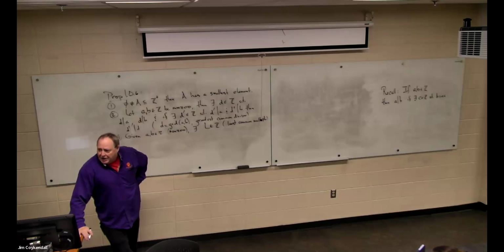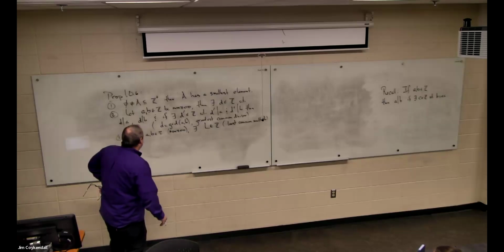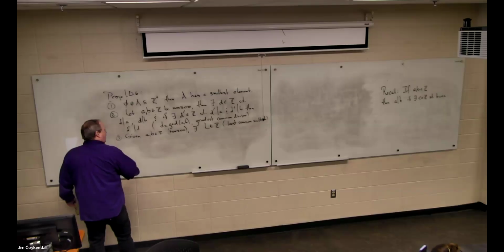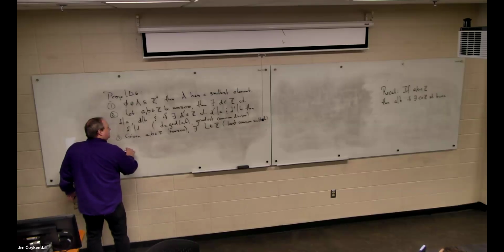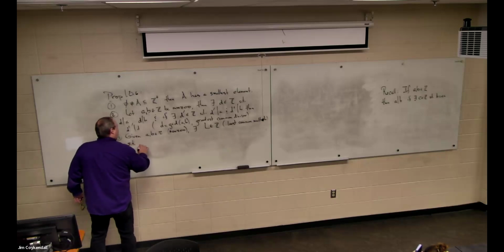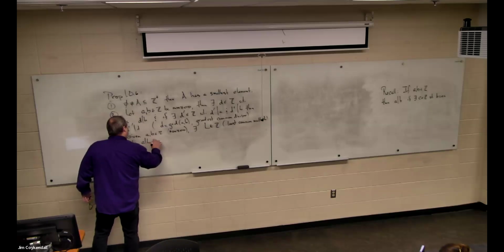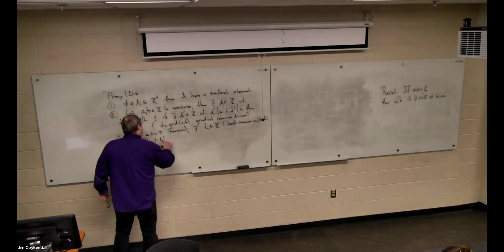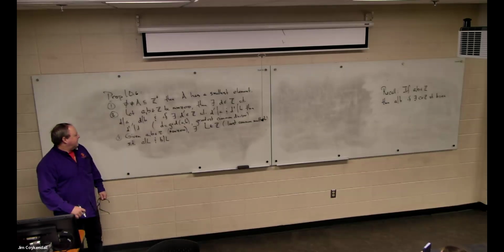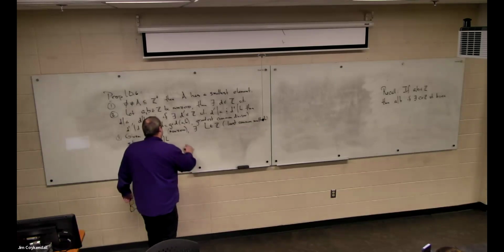Well, if it's going to be the least common multiple, it better be a common multiple. Otherwise, I've got a crappy definition here. So L has to be a common multiple of A and B, that is to say, A divides L and B divides L. So L is a multiple of A and L is a multiple of B.